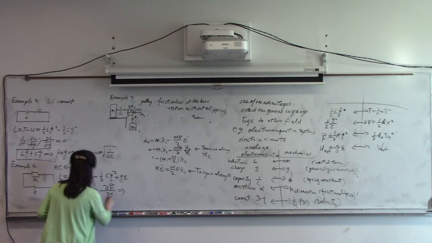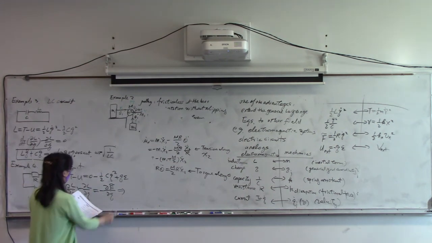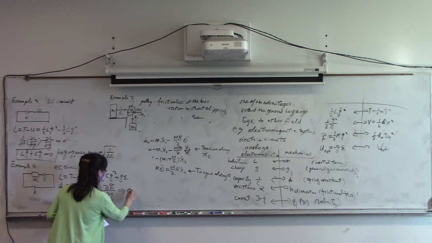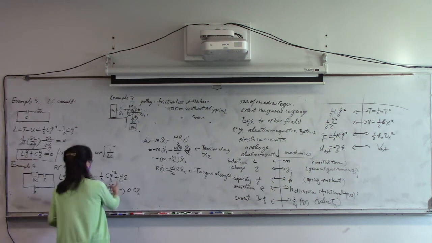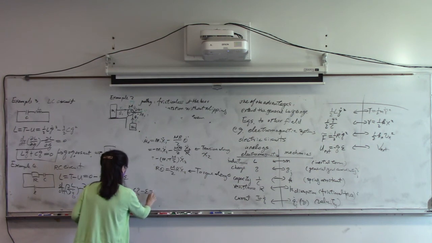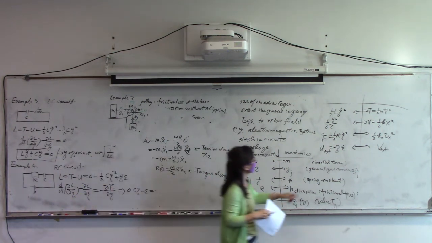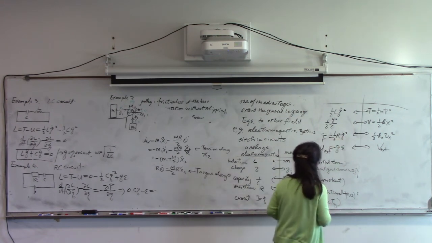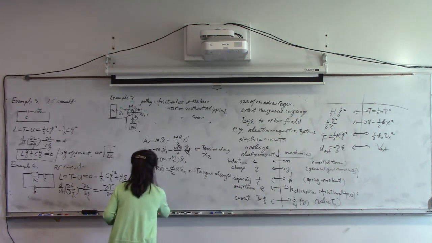So this equation gives us partial L over partial Q dot, with no this term. Minus, so this one became plus Q over C, here it became plus, but this one's minus actually, right? Equal to minus, now this one is F tilde, then we have R Q dot. Here we go.